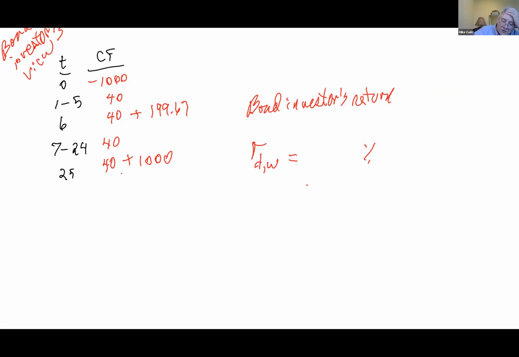The bond investor would pay $1,000, get back 40 a year for 25 years, roughly an extra 200 in year 6, an extra 1,000 in year 25. So the question is, what rate of return would that provide to the bond investor? And that works out to be, I got 5.06%.